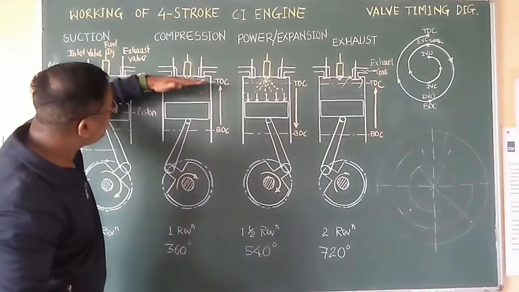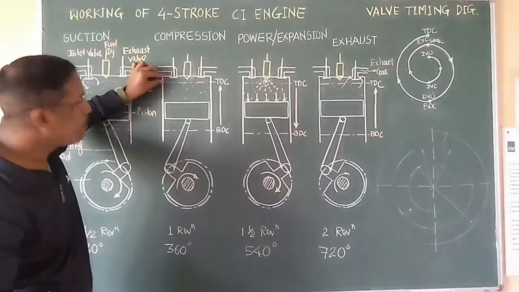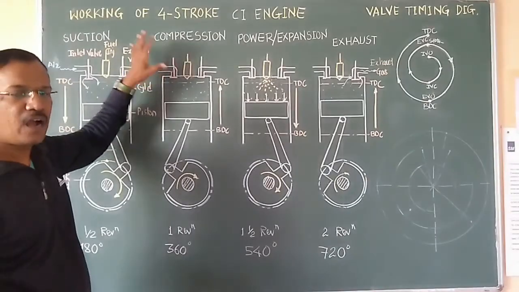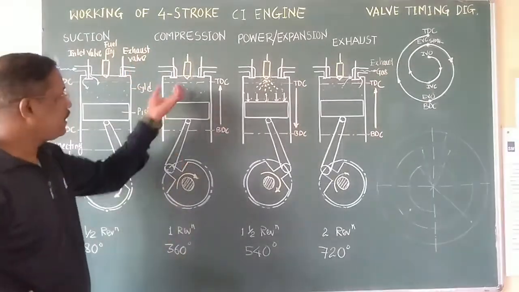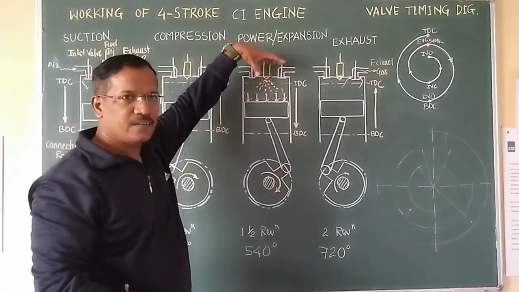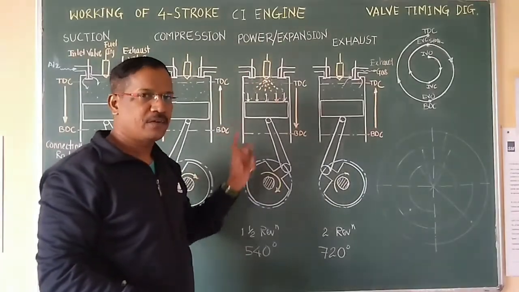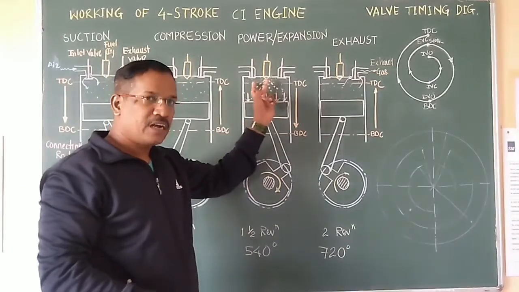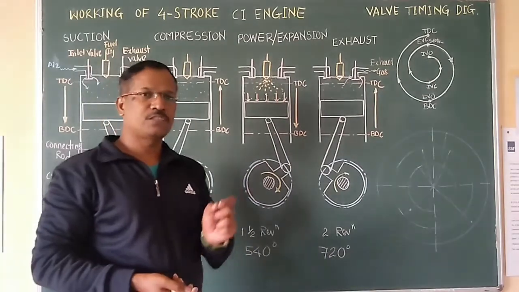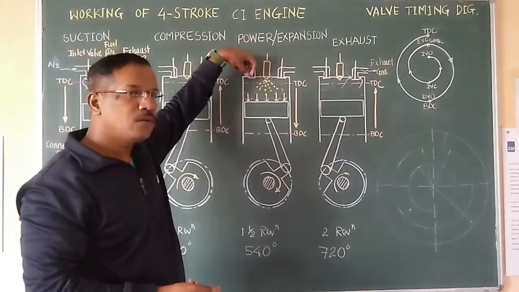When the piston reaches TDC, the whole volume of air gets compressed into the small clearance volume. So it becomes very high pressure, high temperature. Now at the end of the compression stroke, fuel is injected. Remember, phenomena-wise there is a difference between spark ignition and fuel injection. In spark ignition we require only to produce a spark, but in fuel injection the fuel is already there.